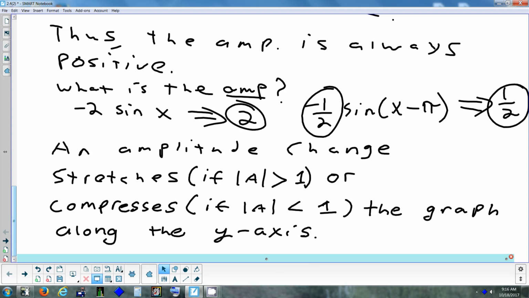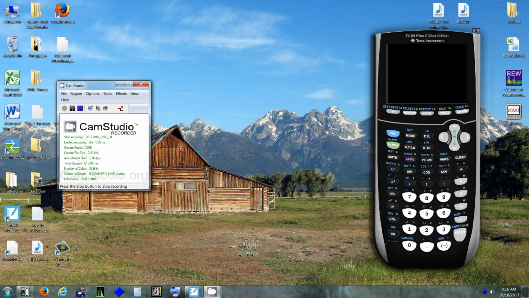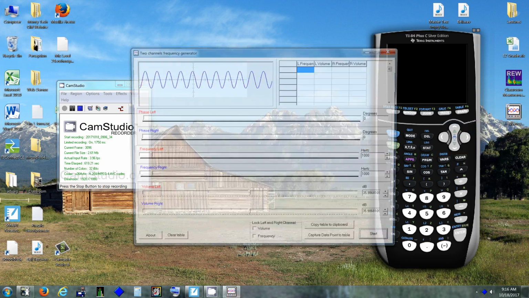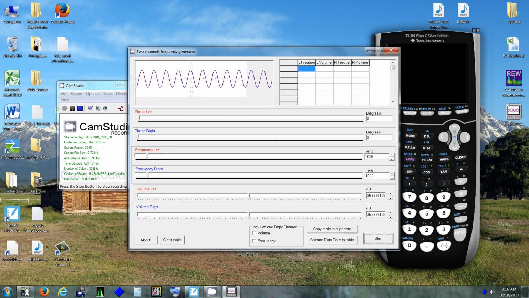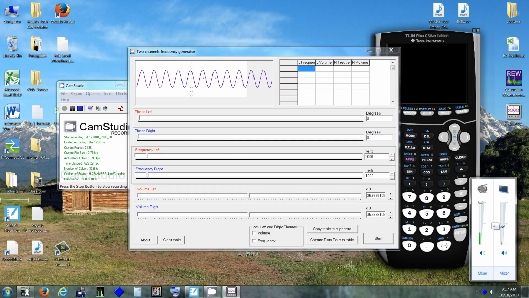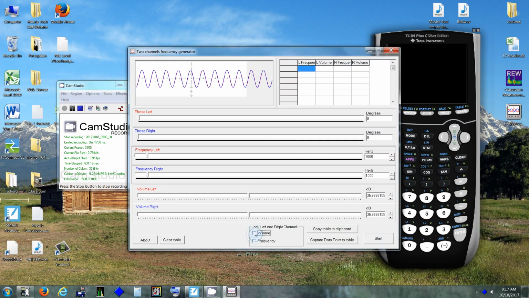Okay, so I can play that one. Not really as interesting as a phase shift. Okay, but here's, so there's a sound. It's 1,000 hertz. That's the frequency. And what I'm going to do is lock the left and the right channels together, so that way if I lower the volume, left and right come down at the same time. Okay.